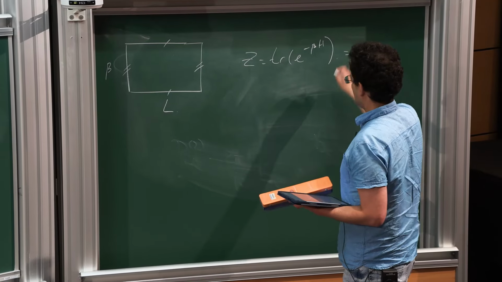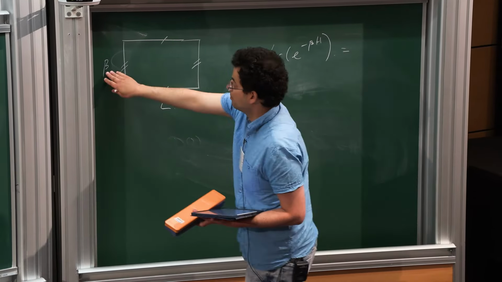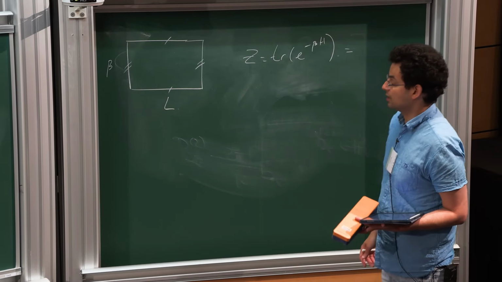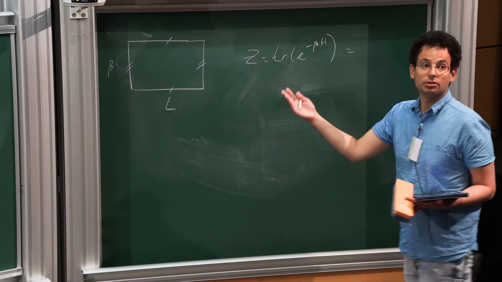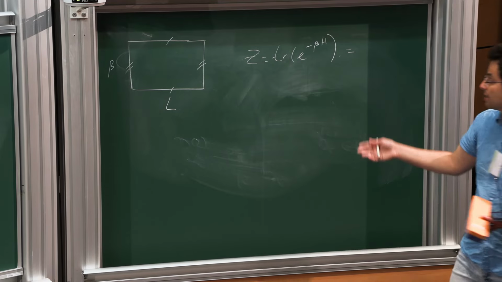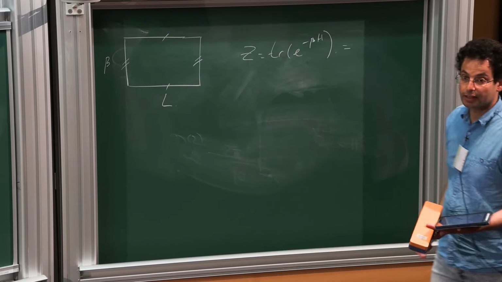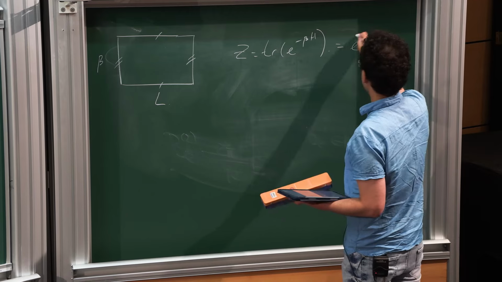And I'm interested in the limit when beta is large compared to the inverse gap of the system. So then it's only the ground state that contributes to this trace.